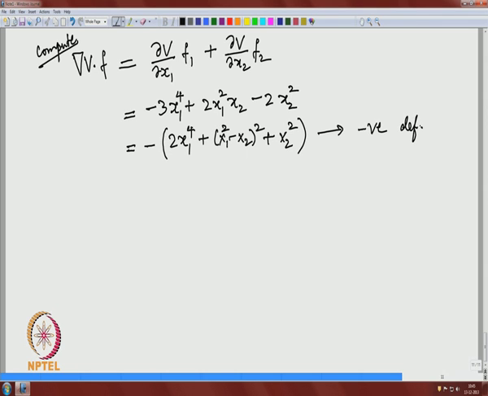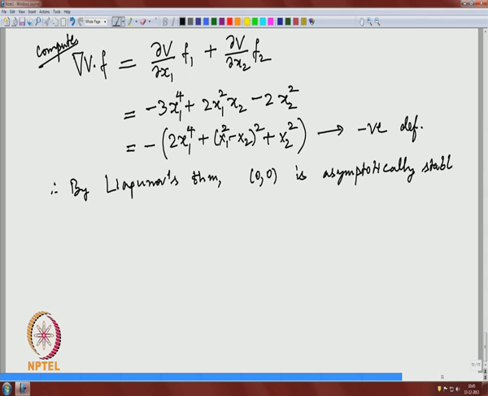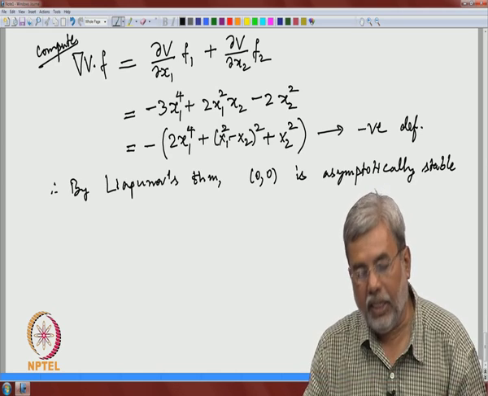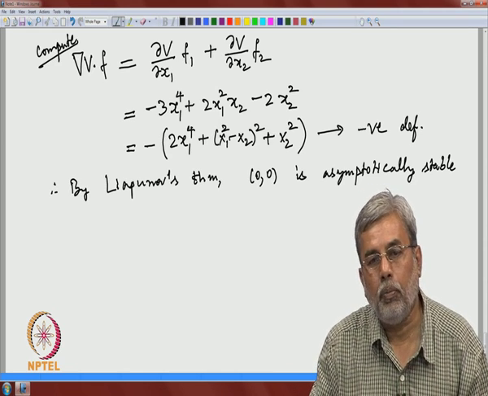Okay. So, therefore, again by Lyapunov theorem, (0,0) is asymptotically stable. So, you see, in all our examples, you also observe that the equilibrium point in question is not hyperbolic. Okay.